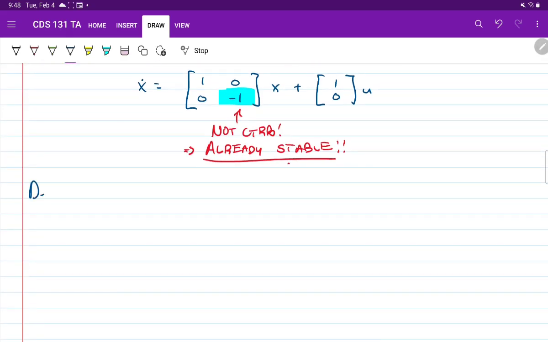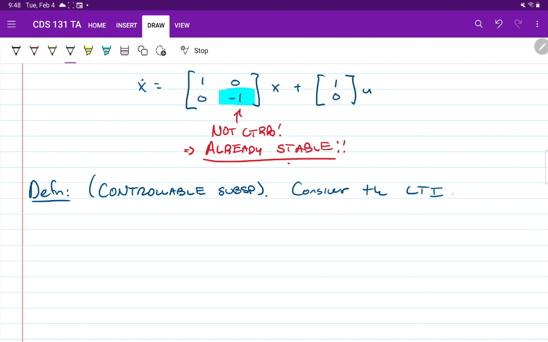So first I'm going to define something called the controllable subspace. All right. So I'm going to state one of a number of equivalent definitions. Sometimes this is also called the reachable subspace of the system. Okay. So I'll say consider the LTI system x dot equals Ax plus Bu.